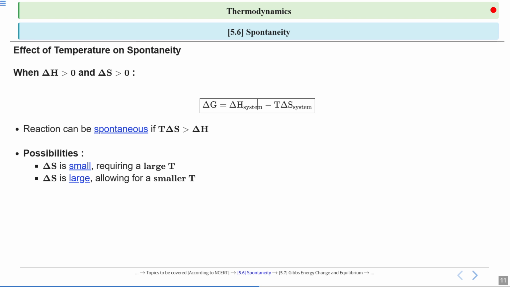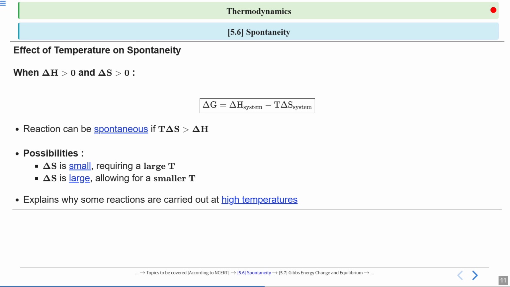Next, if delta S is already large, then we can take a lower temperature. In that case also, your system will undergo a spontaneous process. This delta S is large enough so that delta H will be less than T delta S. That is the basic criteria we have to follow.